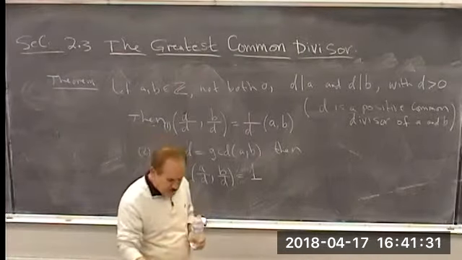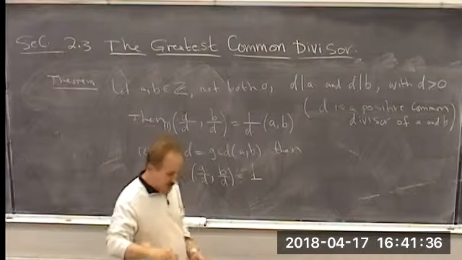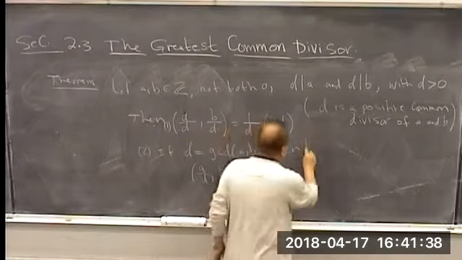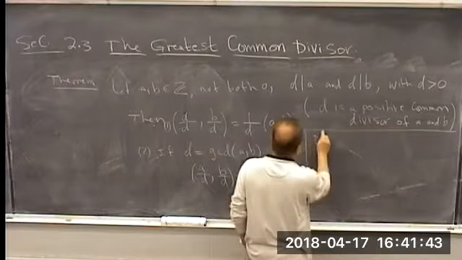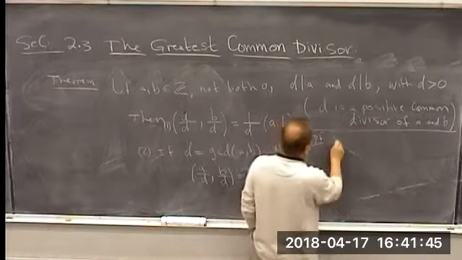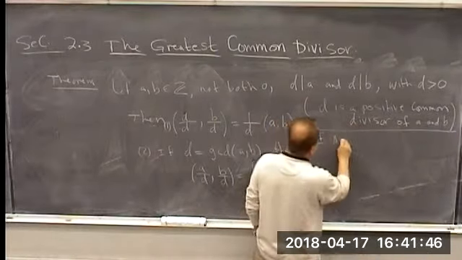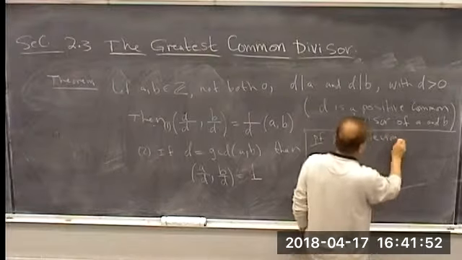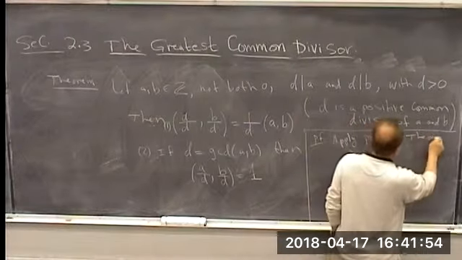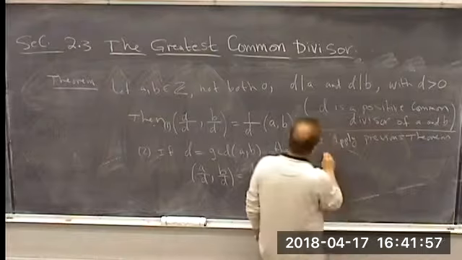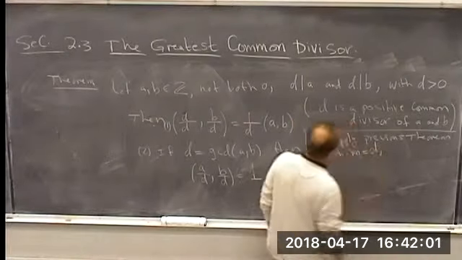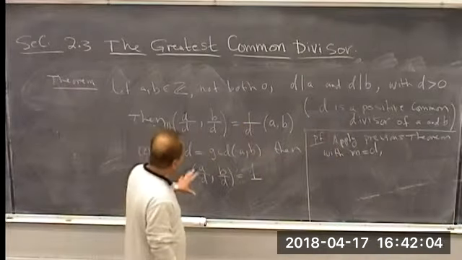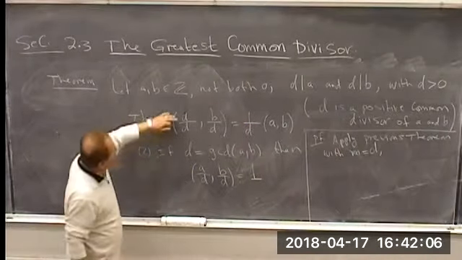Simply, we can apply the previous theorem. Let me actually put the proof in here because it's so simple. We're going to apply the previous theorem with M equal D. And we're going to look at one other thing in here.